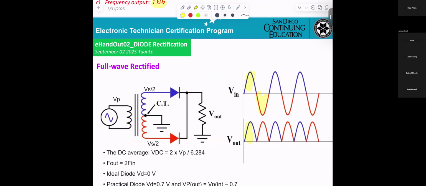Negative, they also get a positive. That's what they call full-wave. They rectify on positive and negative. And now this is a transformer, and they connect the middle here to the ground. So this will be a center-tap transformer.